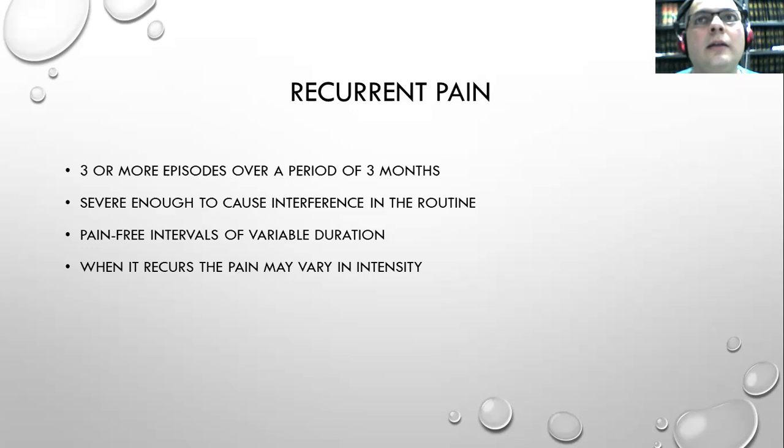So the severity of the pain will not be similar to that of the preceding episode, nor will the same severity be maintained in subsequent episodes. The intensity might vary with each episode.